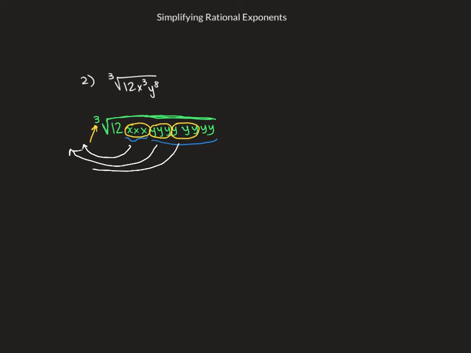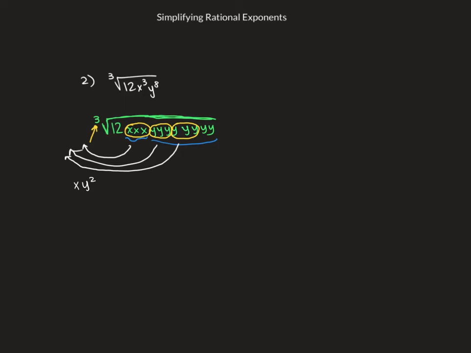That is because, since it is a cube root, this 3 will cancel off these groups. And what's left on the outside is 1 group of x and 2 groups of y, so xy squared.